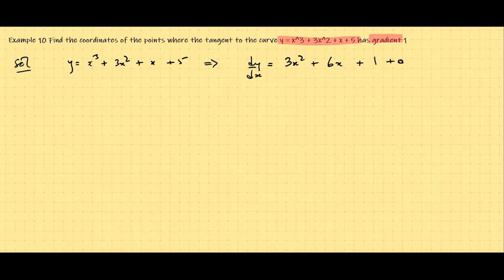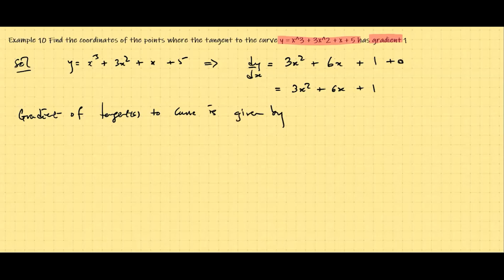So my derivative happens to be 3x squared plus 6x plus 1. So the gradient of tangents to the curve is given by the function 3x squared plus 6x plus 1.